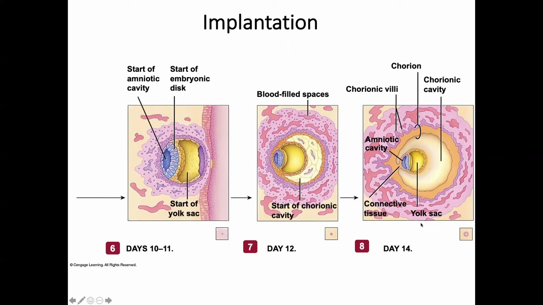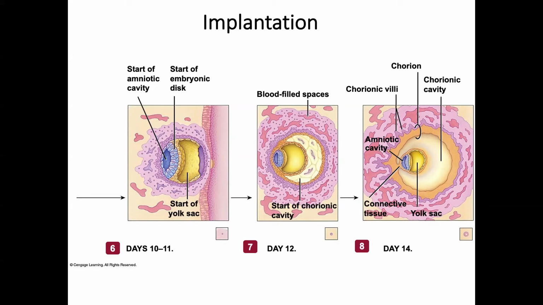And the yolk sac shown here is a small structure outside of the embryo. It is important in early embryonic blood supply, and much of it is incorporated into the primordial gut during the 4th week of development.